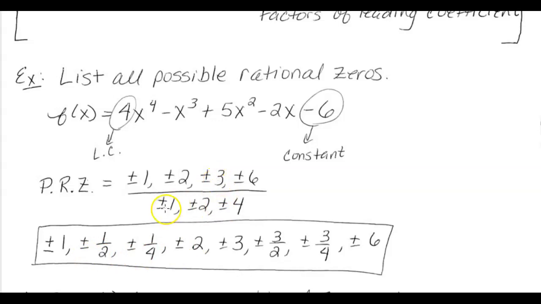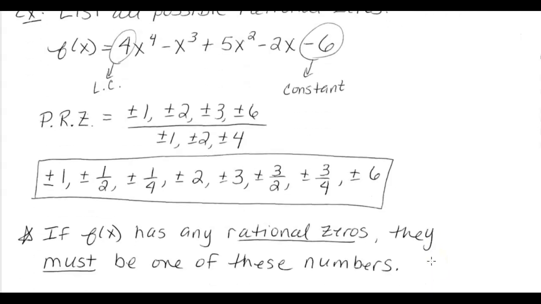Then you would have 3 over 1, which is 3, 3 over 2, 3/2, and 3 over 4, 3/4. And then finally 6 over 1, which would be 6. 6 divided by 2 would be 3, and that's already in our list. And 6 over 4 would be 3/2, and that's already in our list. So this would be the complete list of possible rational zeros.